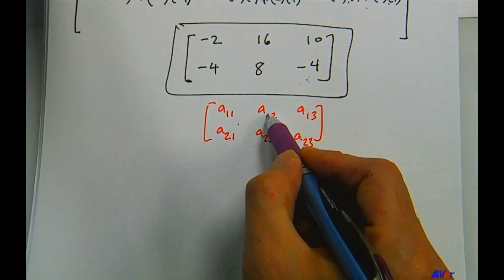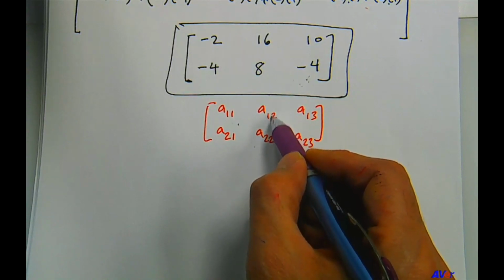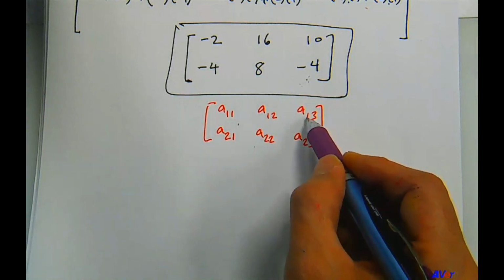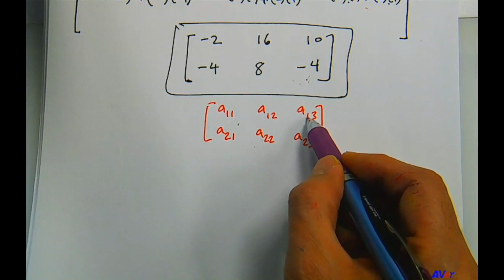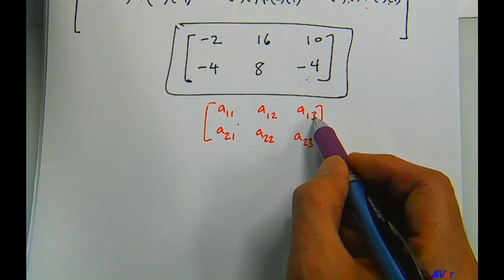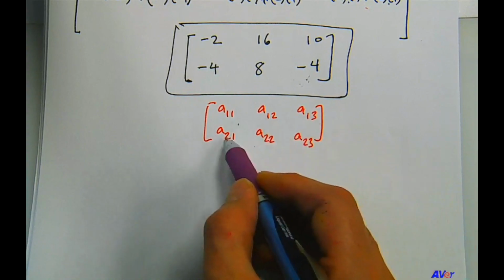Multiply the first row of the first matrix by the second column in the second matrix. Multiply the first row in the first matrix by the third column in the second matrix.